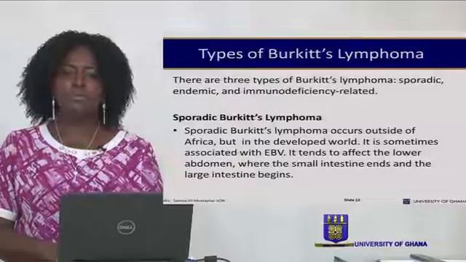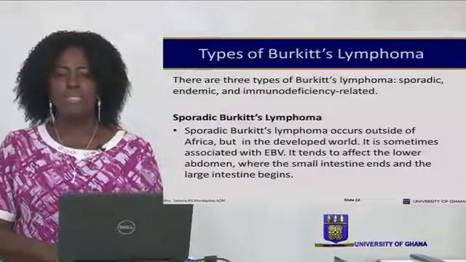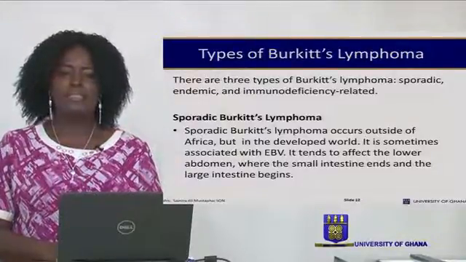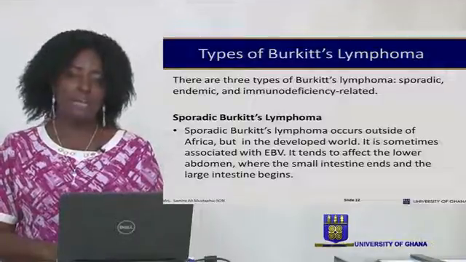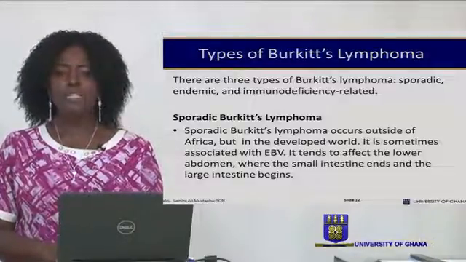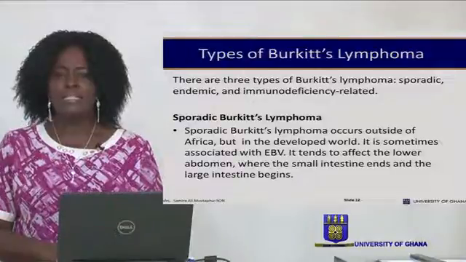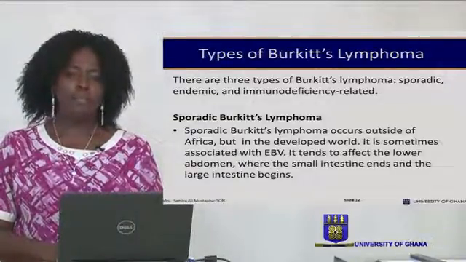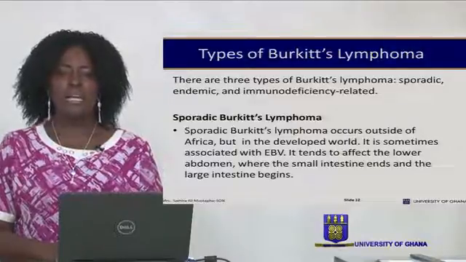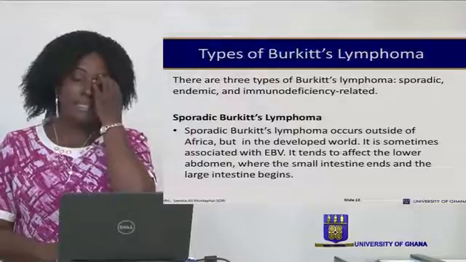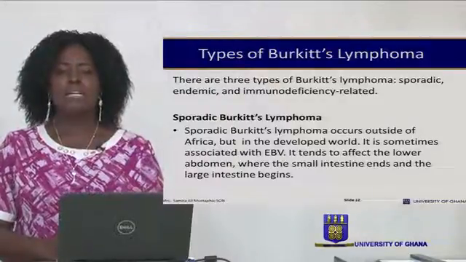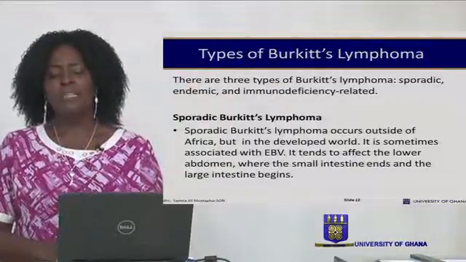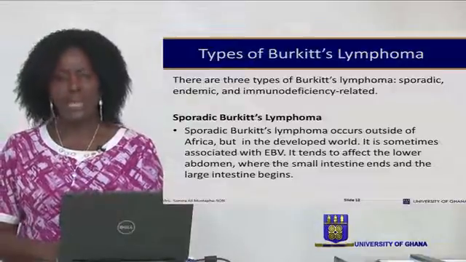When we come to sporadic Burkitt's lymphoma, this occurs outside Africa, as I have said already, and when it affects the individual, it attacks the lower abdomen, where the small intestines end and the large intestines begin. So the abdominal structures are mostly affected.